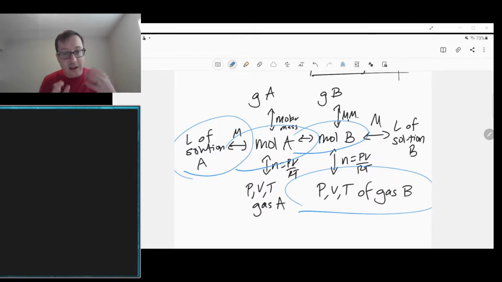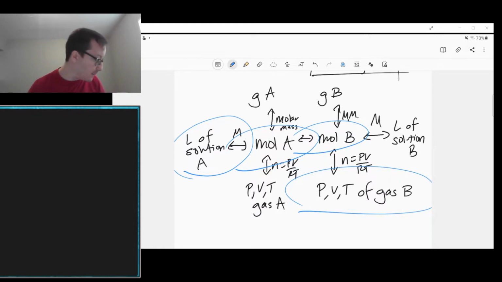So I can start anywhere at A, at mass, at volume of a solution, or at pressure, volume, or temperature of a gas. I can start with any of those three because we know how to get moles from all three of those quantities. We have our conversion factors: molar mass, molarity, and the ideal gas law. Those are all our conversion factors.